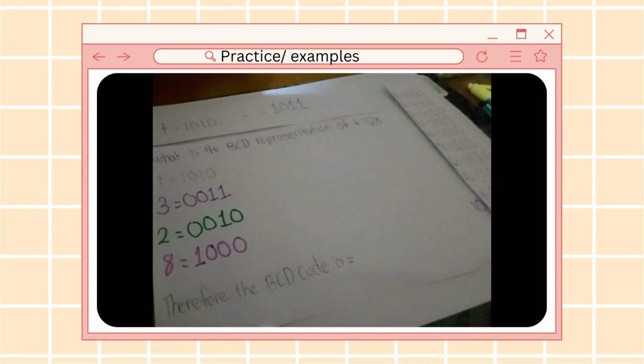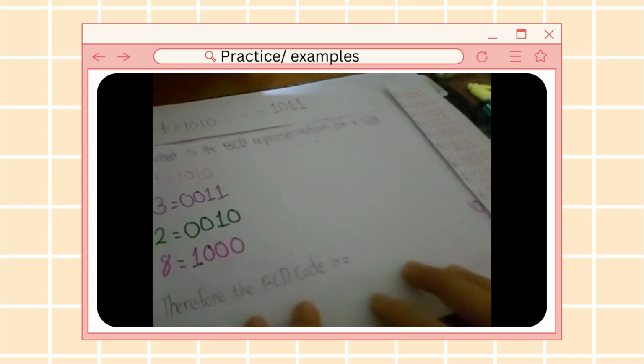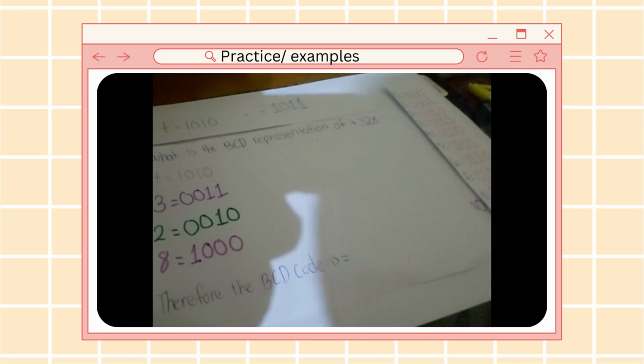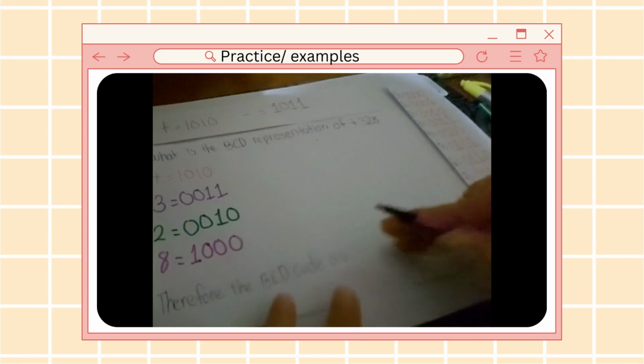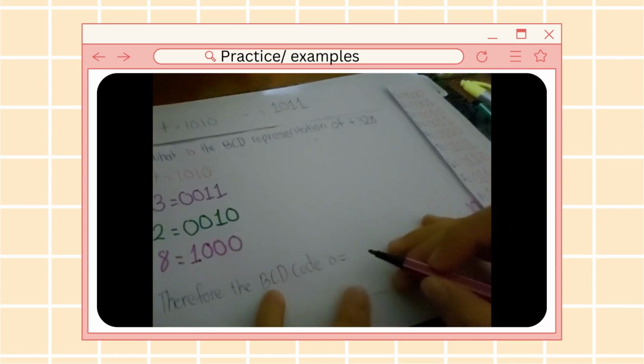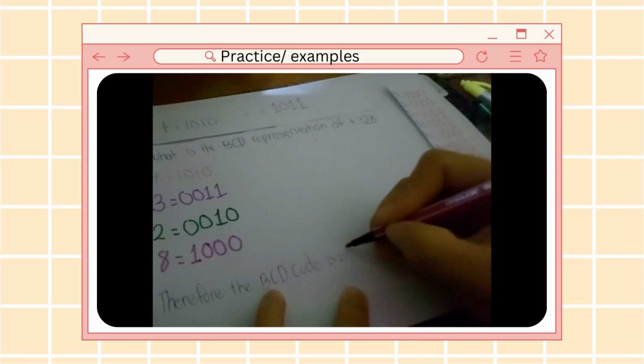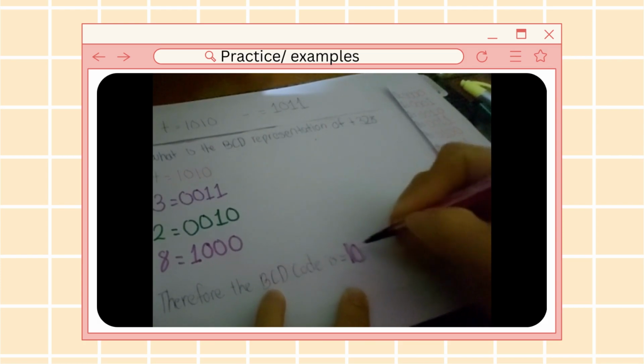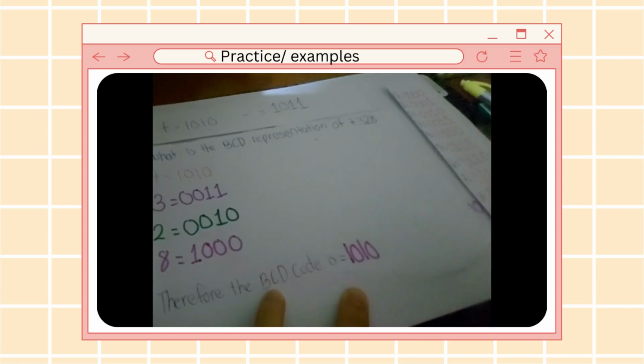Now that we have the binary numbers, we can begin to formulate the code. As we know, the first thing that has to come is the sign. So now we'll put 1, 0, 1, 0, and then follow it with the other numbers.